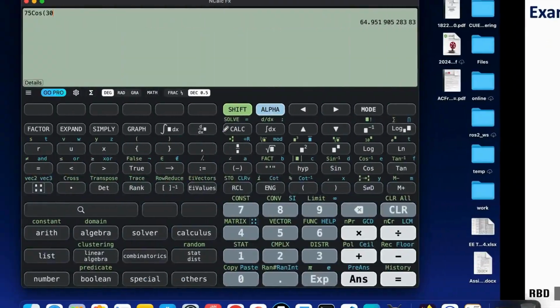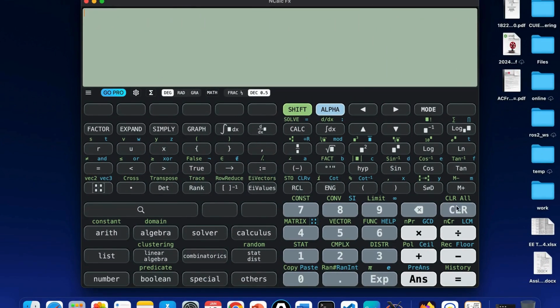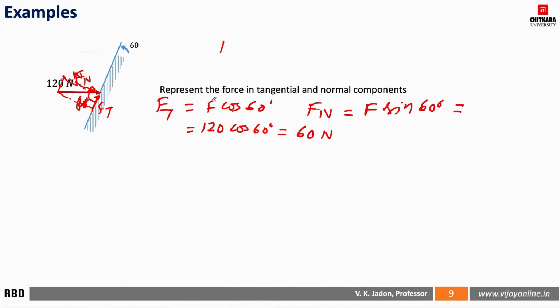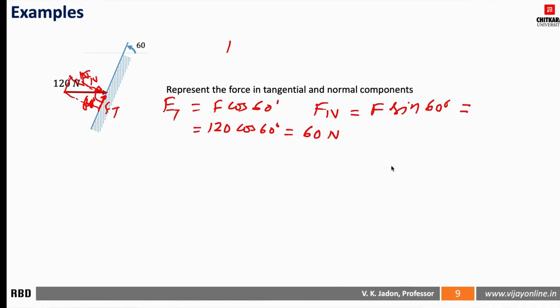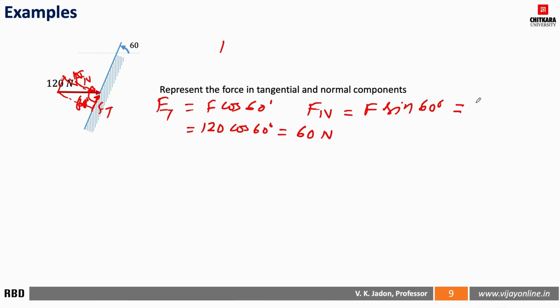So let us calculate: 120 sin 60 is 103.9, so this value is 103.9 Newton. So these are the normal component and tangential component as shown here.